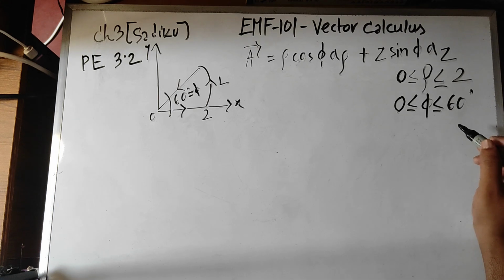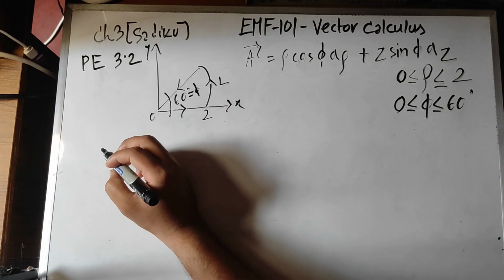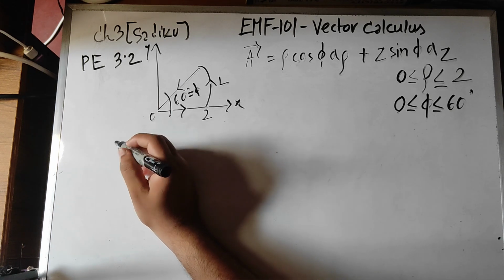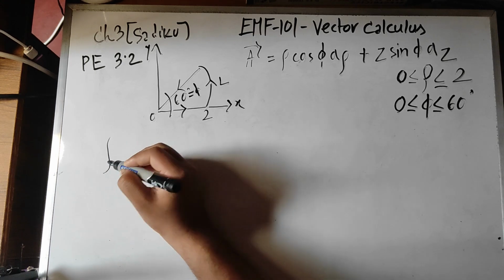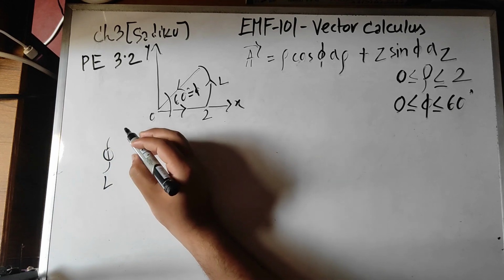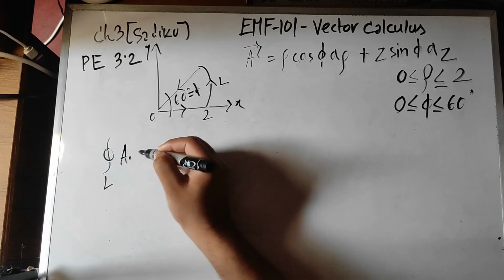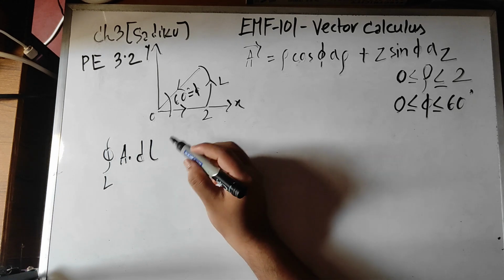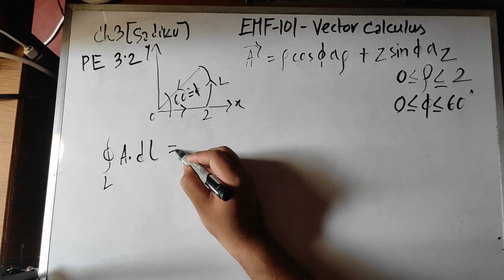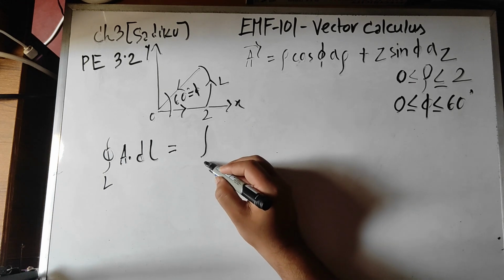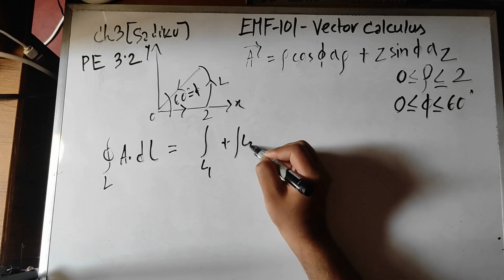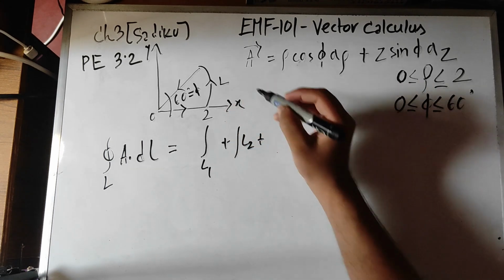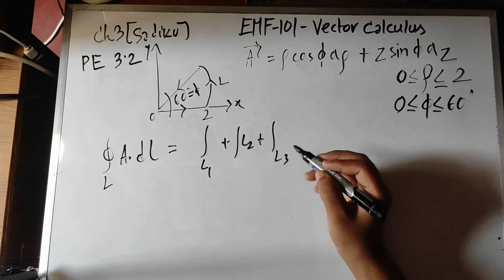To get the line integral along the path, let us first divide this line integral into segments. This is the circulation of A with differential length, because this is a line integral. We say L1 plus L2 plus L3.